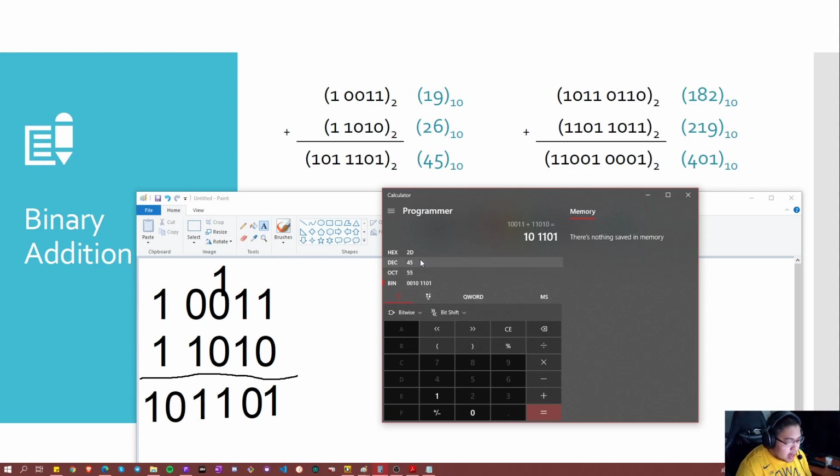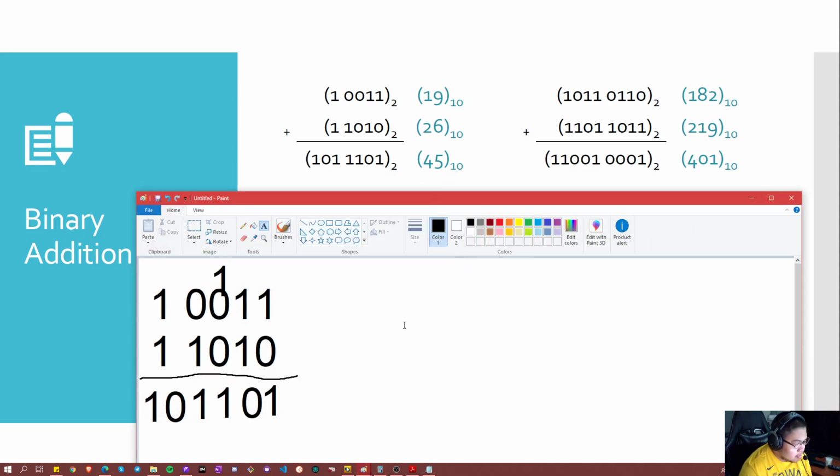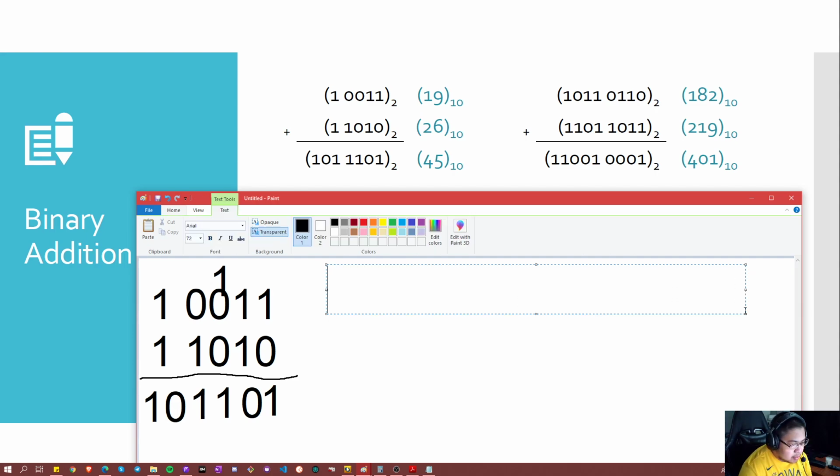Okay, so just a recap. How do we convert it to decimal? You just add the bits one by one. We need to convert it to decimal first. Again, there is a table here. Don't forget this.